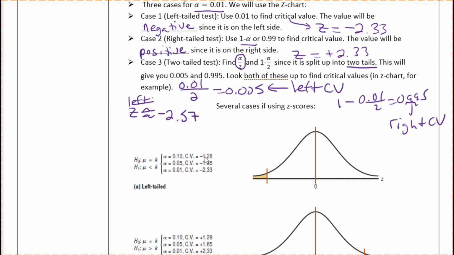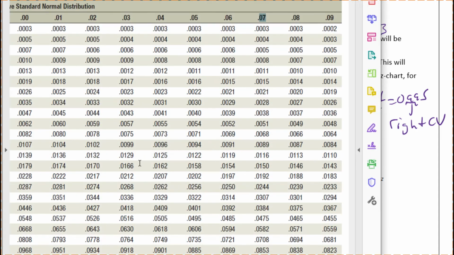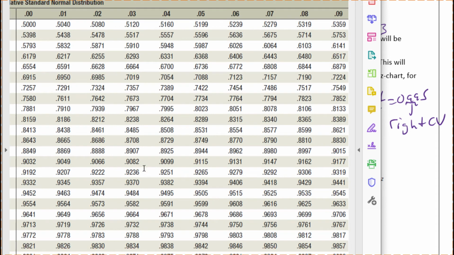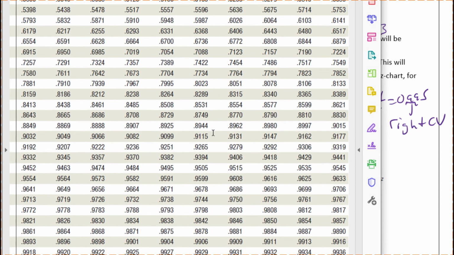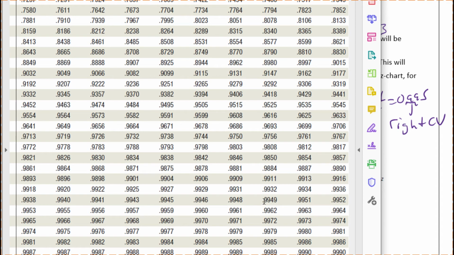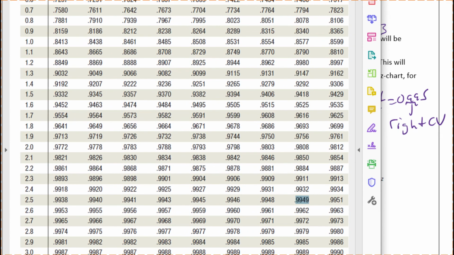If it's on the right side, then we look at 0.995 on the chart, but you'll see that we get the positive value here. Oops, wrong table. Looking at 0.995, this is pretty close to 0.995, which is 2.57.